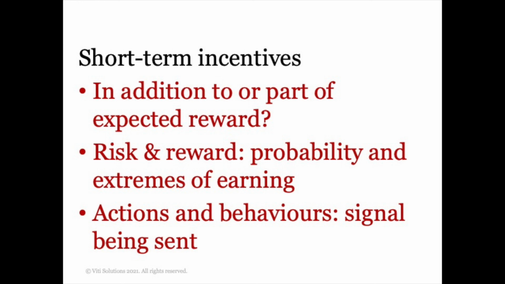If you, however, signal the wrong thing, so you say you'll pay for profit, but you don't actually want profit, you want growth or new inventions or whatever, then you are going to get profits and not the new inventions and the growth. You have to have a signal that is conscious and well thought through, and that is what's going to make the short-term incentive successful.